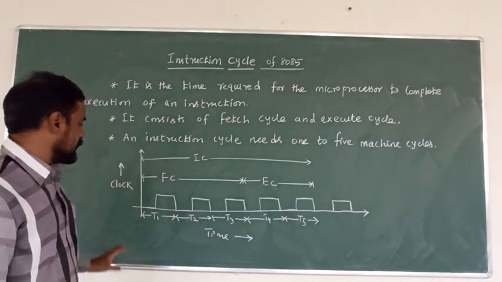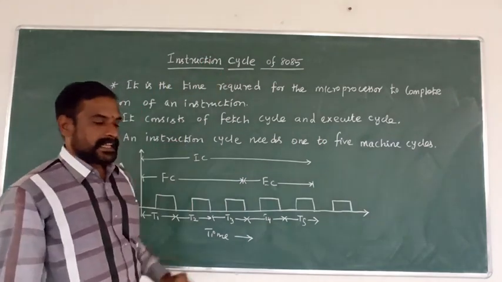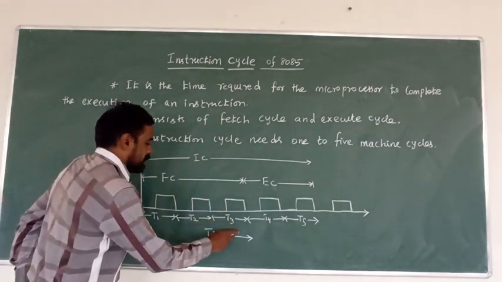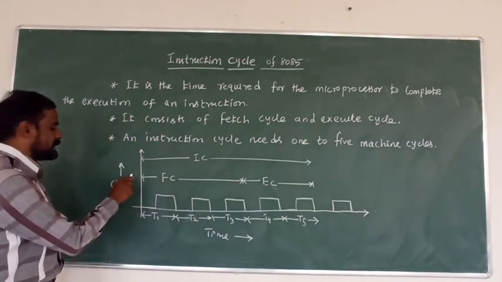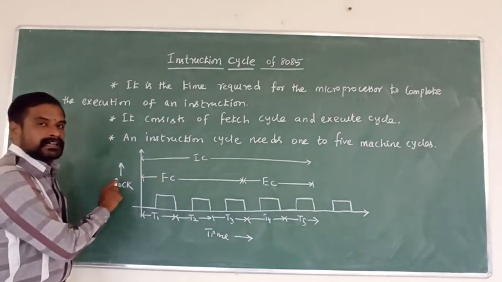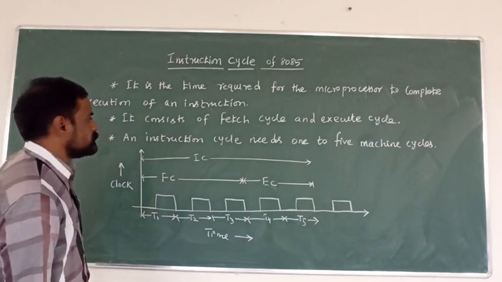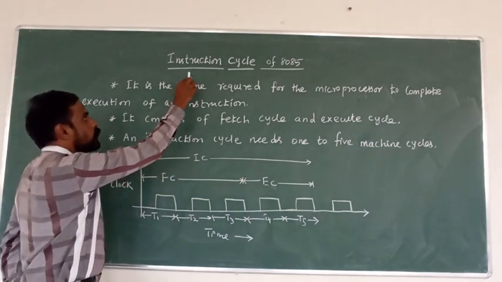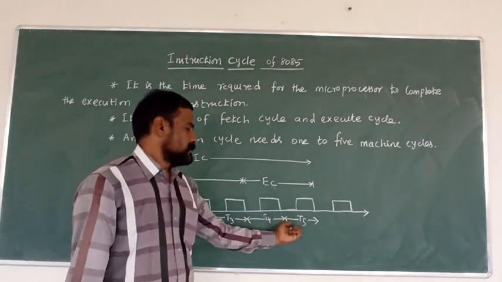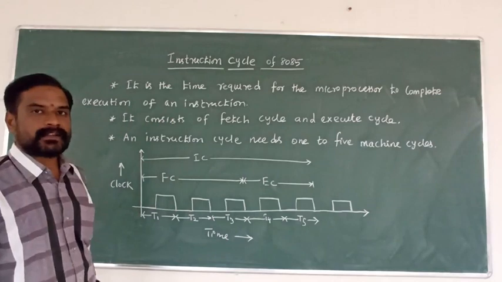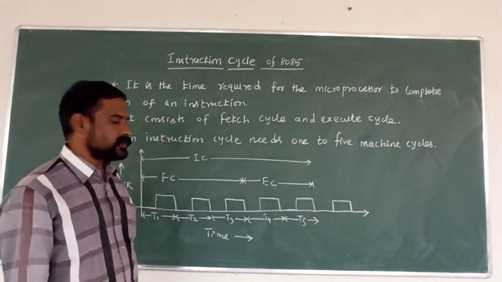Okay, this is the diagram for the instruction cycle. X-axis is time period and y-axis is clock period. Here, to execute one instruction requires 5 T states. Now the 5 T states are divided into 2.